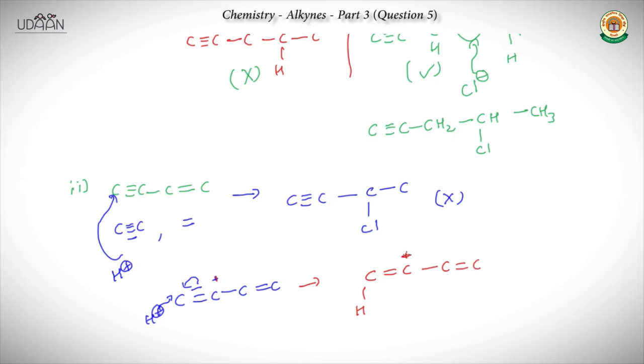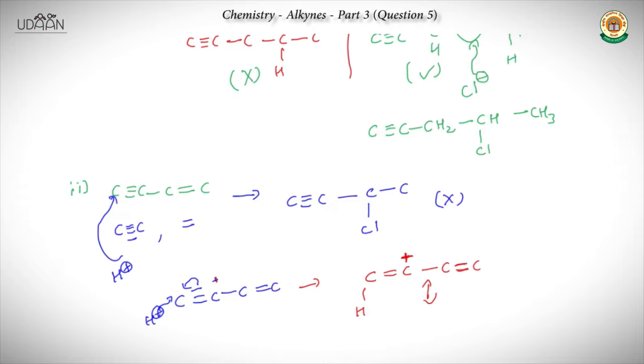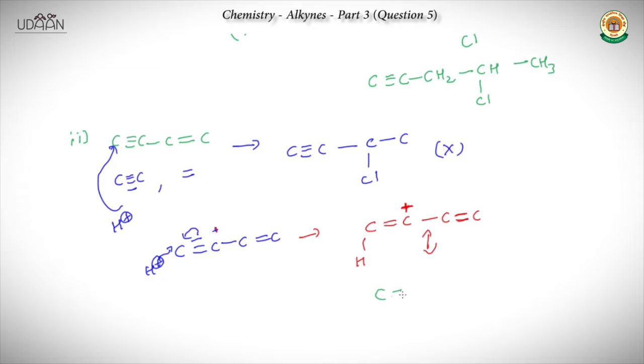Now you can observe that this positive charge is in resonance with this double bond. That is, it is stabilized by this double bond. I'll draw out the resonating structure for you. C double bond C, this bond shifts in this direction, so this positive charge is delocalized. As a result, delocalization reduces the energy, so it is more stable.